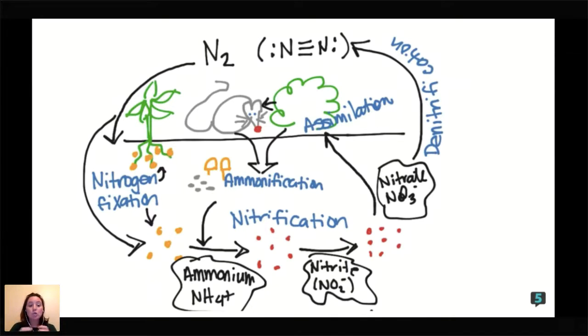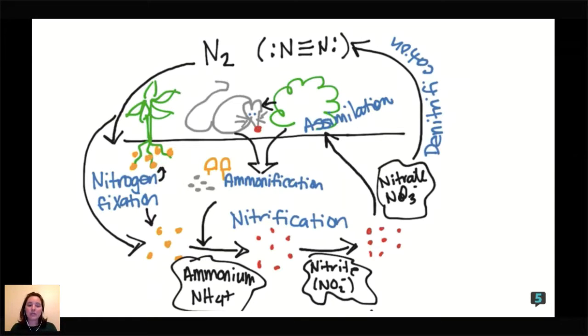So nitrogen is super important to all living things, but there's only a limited amount of it, especially in forms that can be taken up by plants and animals, because, like we talked about way back in the beginning of this cast, nitrogen a lot of times is just floating around in the atmosphere. 78% of our atmosphere is nitrogen, triple bonded.